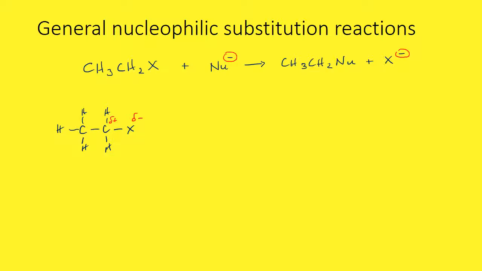So then we can include the nucleophile. So Nu minus is our nucleophile, but we need to draw our lone pair because our curly arrows go from lone pairs to atoms. And the first step is to draw a curly arrow from the lone pair of the nucleophile to the slightly positive carbon atom.